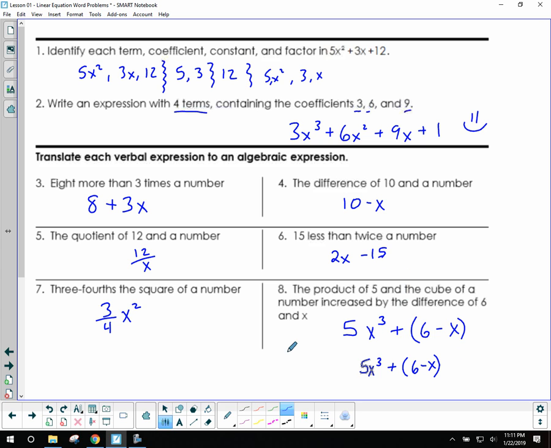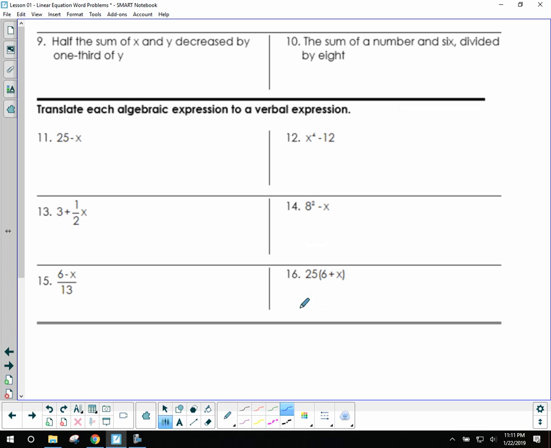Alright. Half the sum of x and y decreased by 1/3 y.